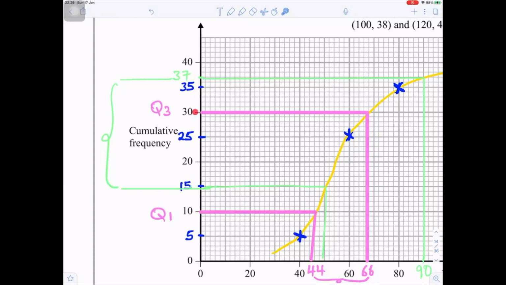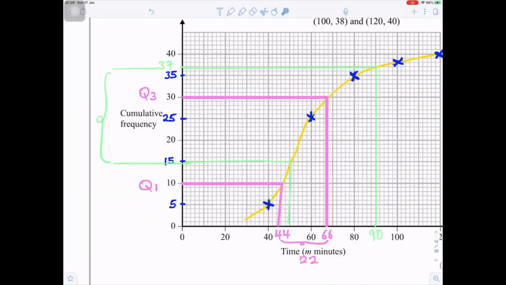And you will follow it for the one at 30, follow the pink line, and you get 66. So from the graph, the interquartile range is given by 66 minus 44, which is 22.